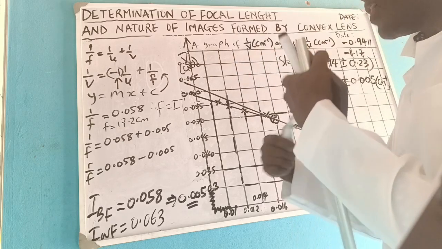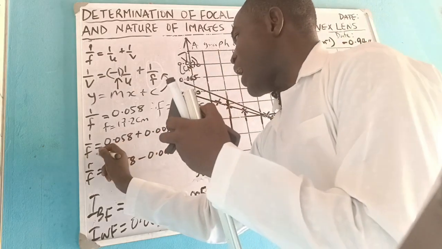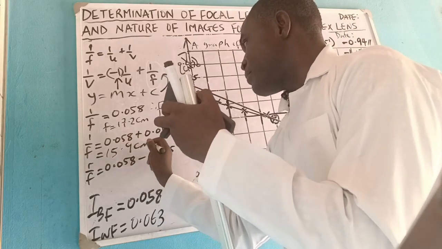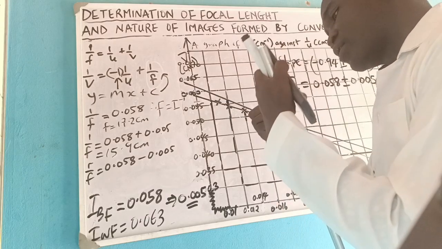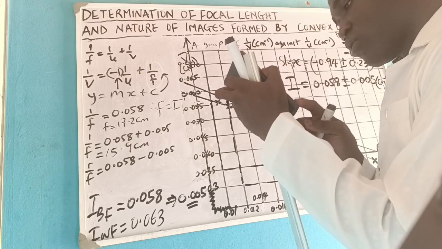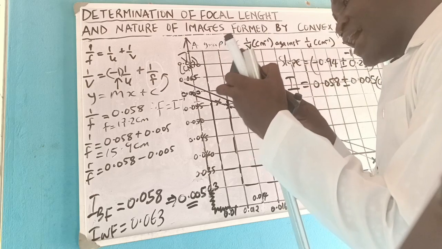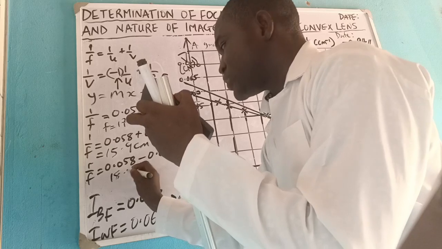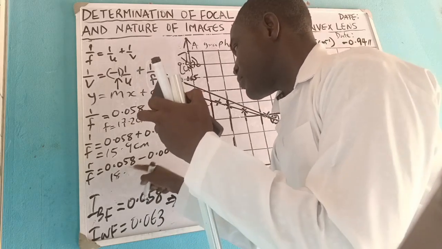Then you get the inverse of it. What is the inverse of 0.063? That will give you about 15.9 cm. Then check this one so that you check the one you are to pick. 0.058 minus 0.005, then invert it. It will give you 18.9 cm.